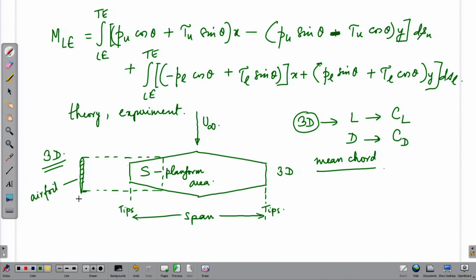However, if you were doing it for a two dimensional body which essentially has infinite span, and you are calculating the lift of that body and indicating it using a non-dimensional coefficient, that would be represented as small c l, the drag as small c d, and so on.